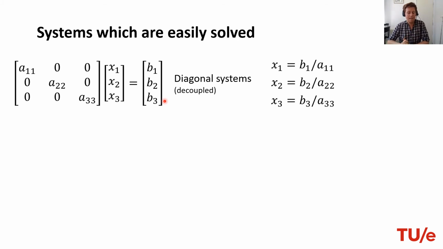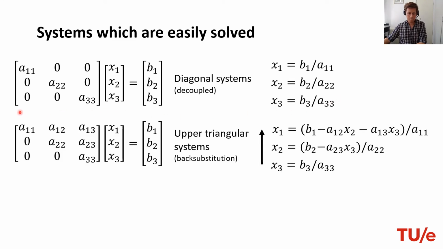In that sense, solving such a big system is as easy as solving a single equation. You have to repeat the process a couple of times. So the solution can easily be computed independent of the other solutions in the system.